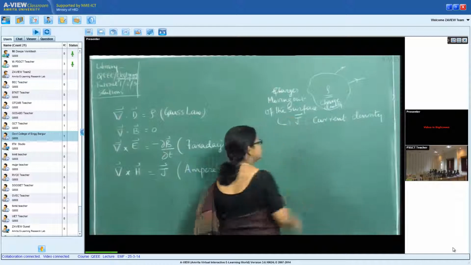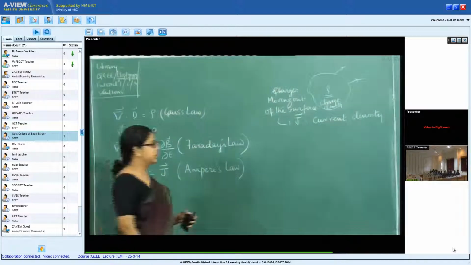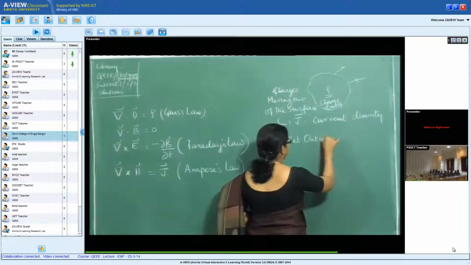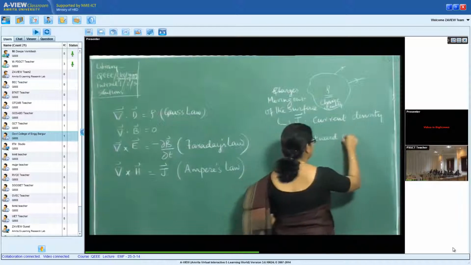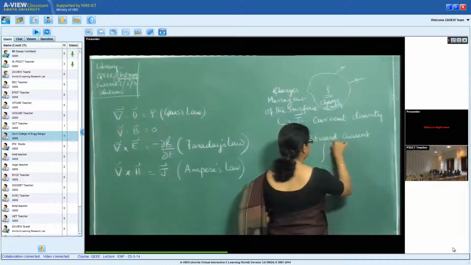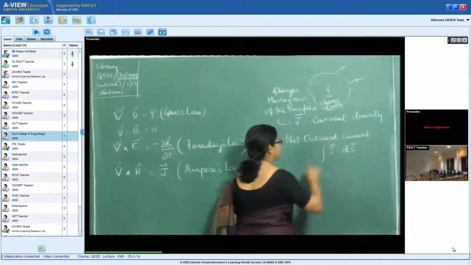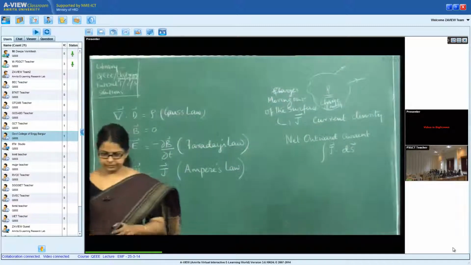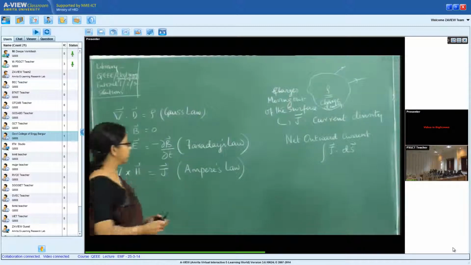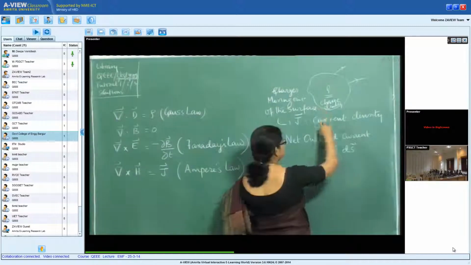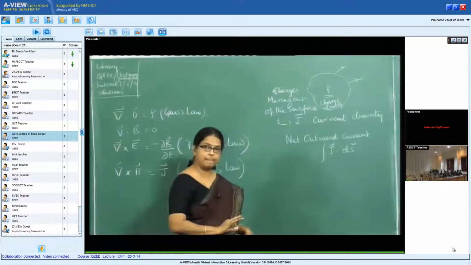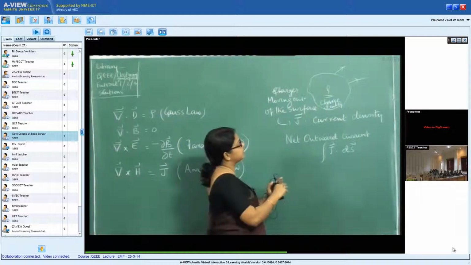And the resultant current, let's say the current density is J. So I will have the net outward current would be J dot dS, because J is the current density, I integrate over the surface, that would be the total current that is flowing out. Now where is this current coming from?